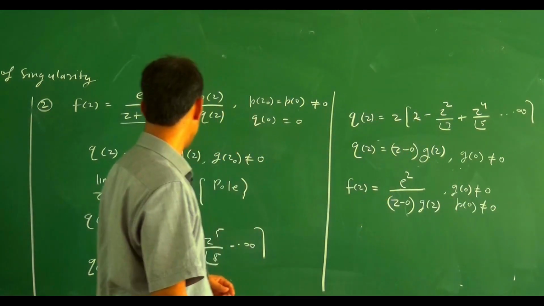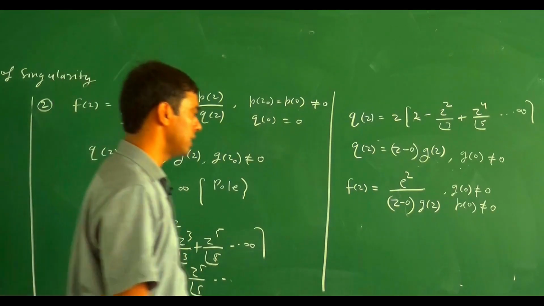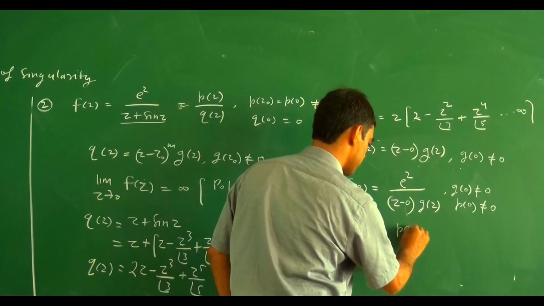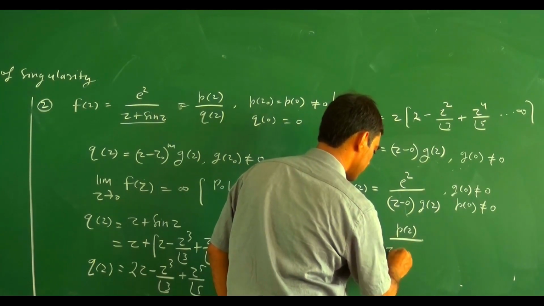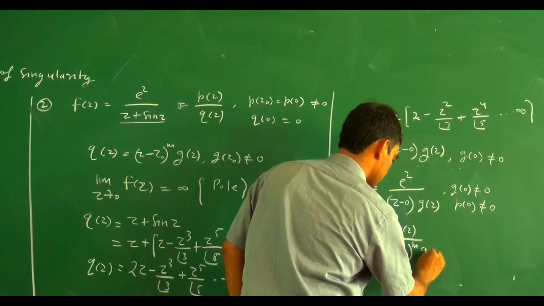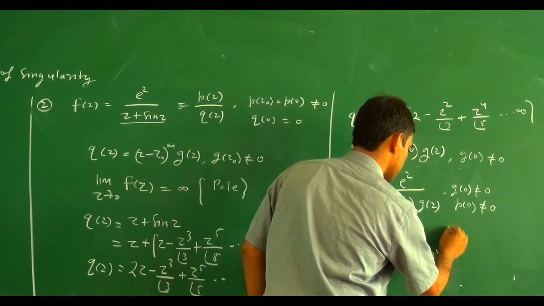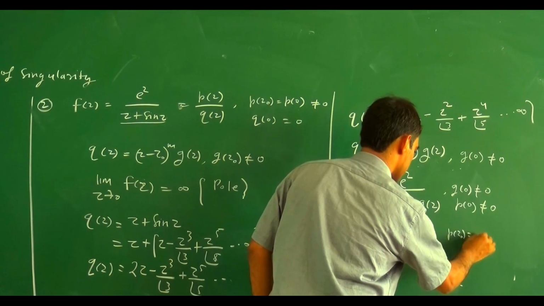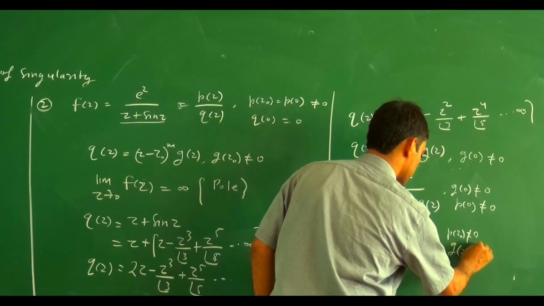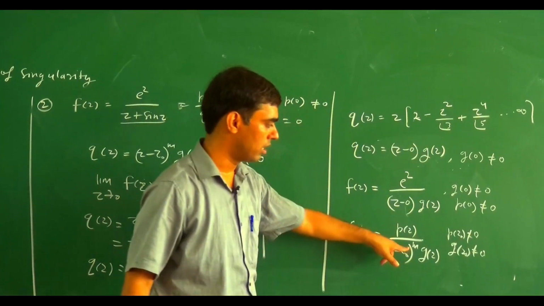So if we compare with the standard result, what is the standard result? f(z) equals P(z) upon (z minus z0) to the power m times G(z), provided P(z0) does not equal 0 and G(z0) does not equal 0. Then what is the order of the pole?